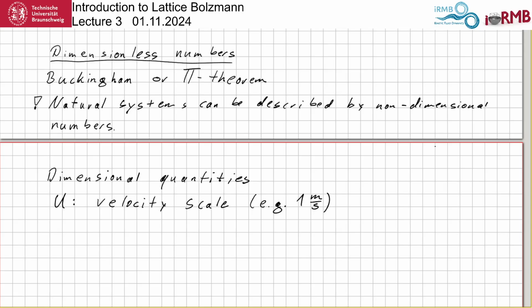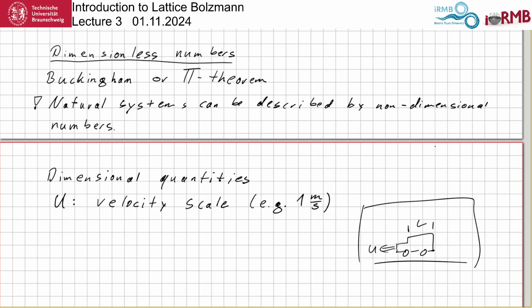Say we have our wind channel, and there is supposed to be a car like this, and now we can say we have a velocity u and a length l.